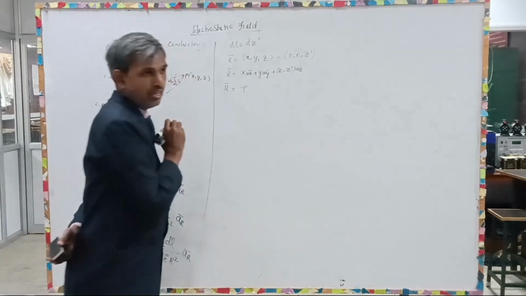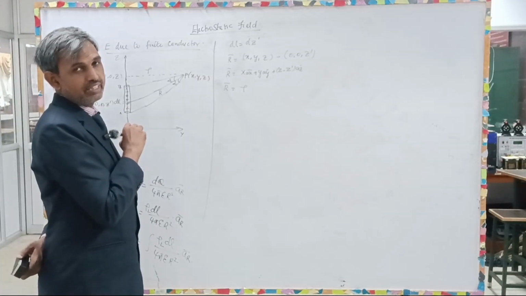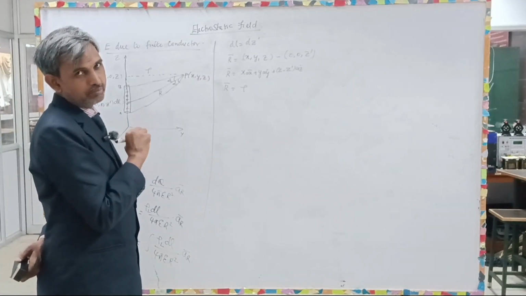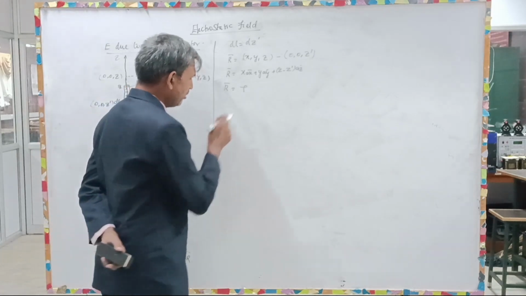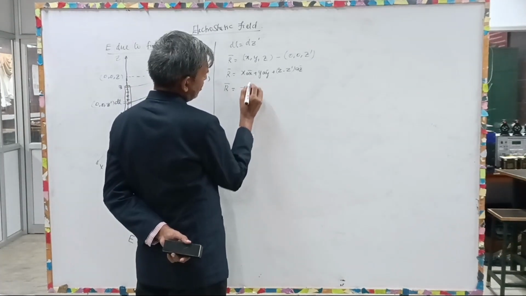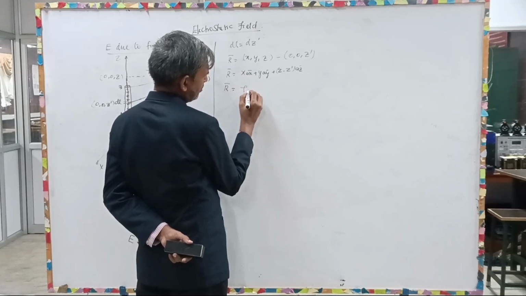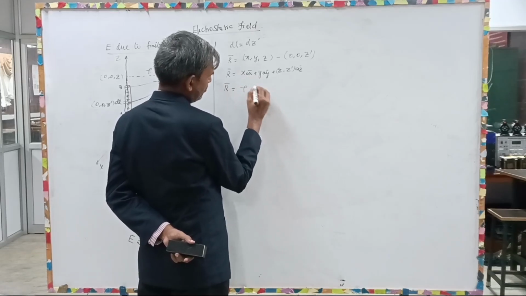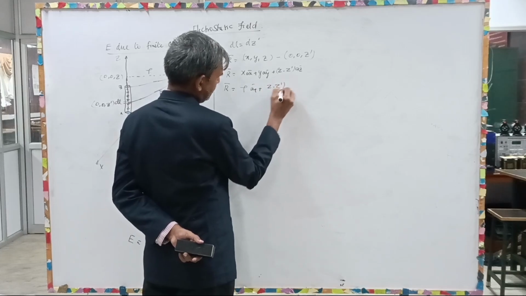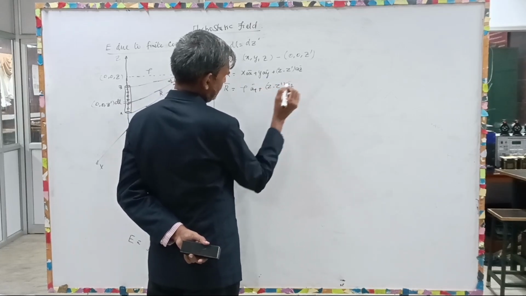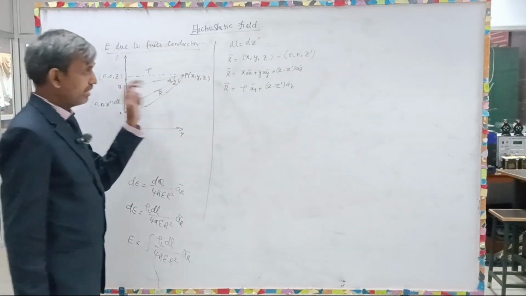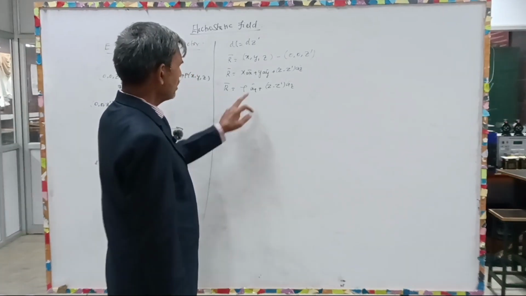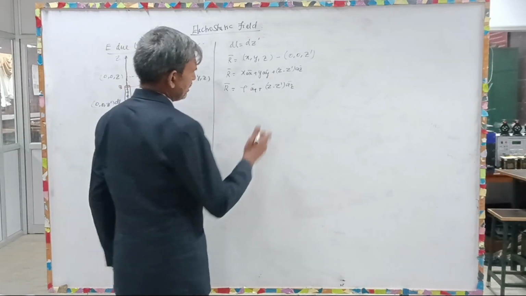So the r vector is equal to x plus y, which is nothing but rho a rho. We have already studied the coordinate system conversion from Cartesian to cylindrical. So rho is equal to root of x square plus y square. From that, x plus y is nothing but rho a rho, plus z minus z dash into az. The x y z coordinates will be converted into cylindrical coordinates a rho, a phi, and a z.